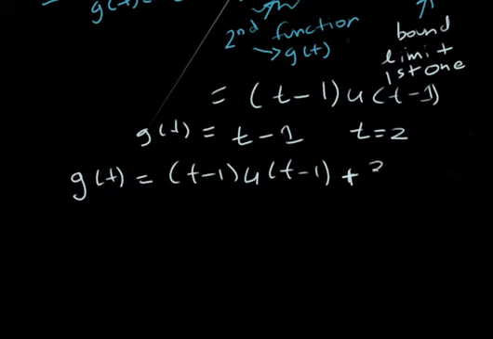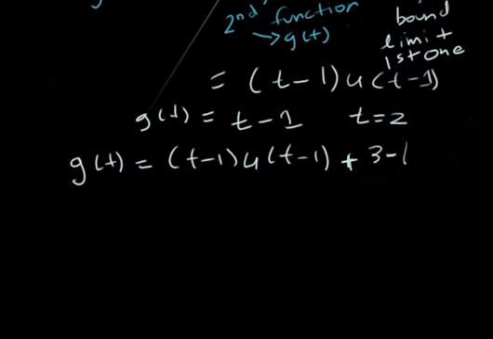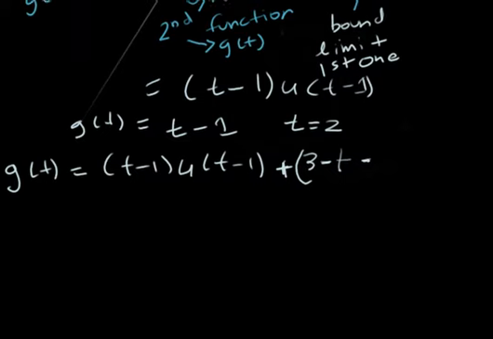So 3 minus t in parentheses minus t minus 1. And this is the function of the second one, right? And this is a minus. It's always minus. Let me make it a little thicker. It's not quite readable.